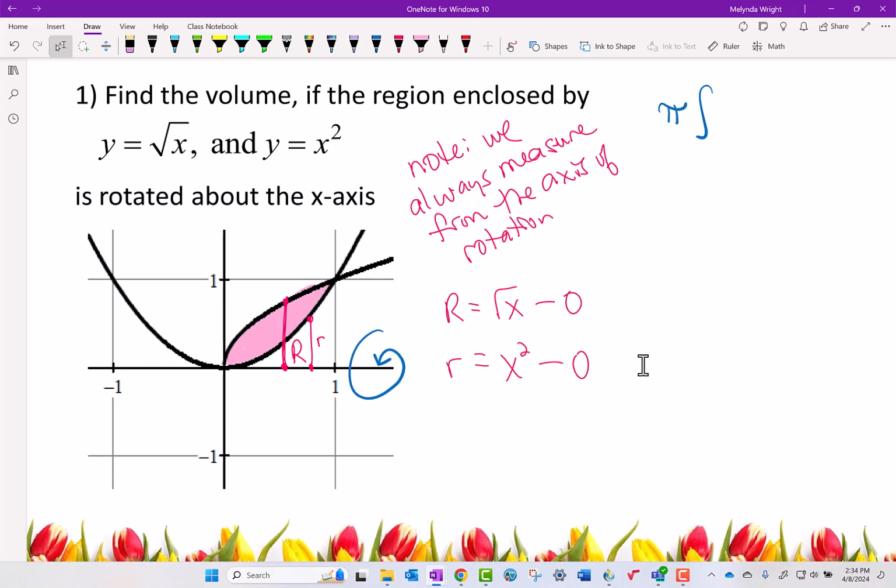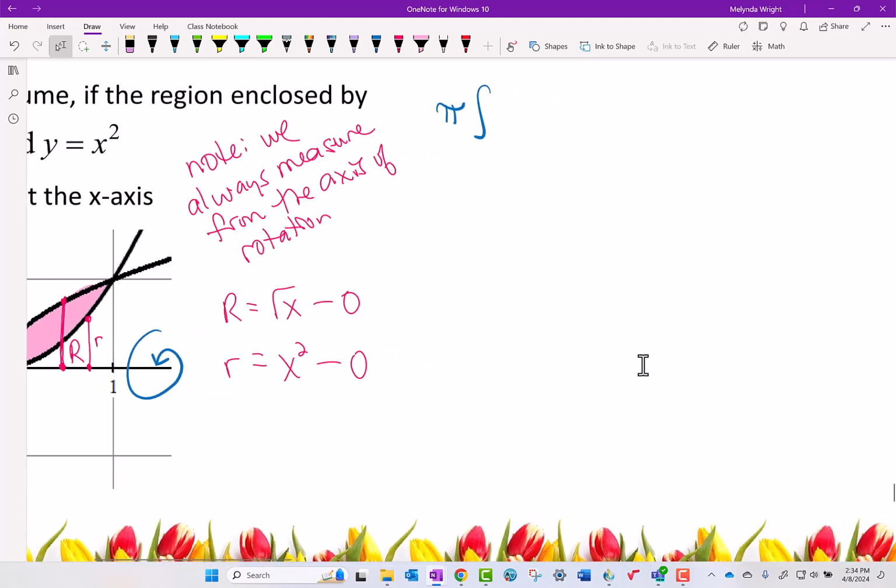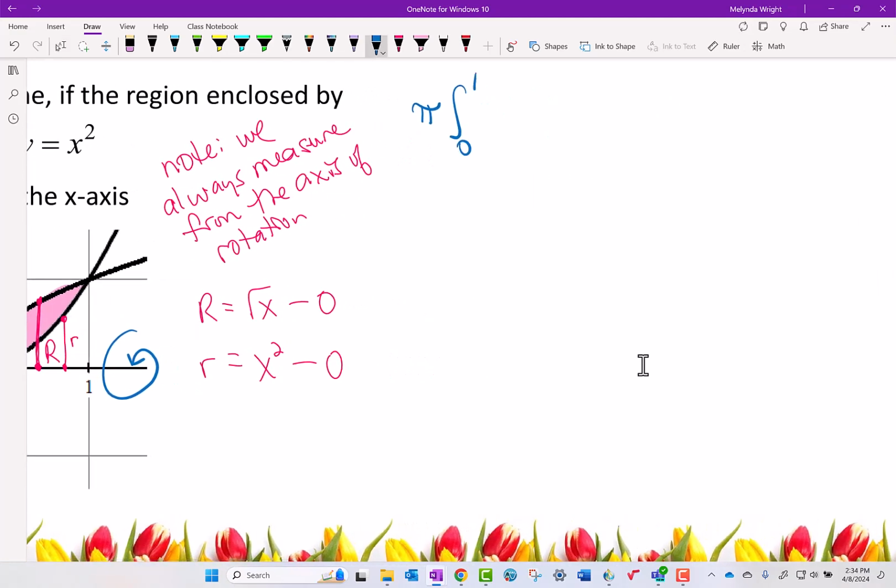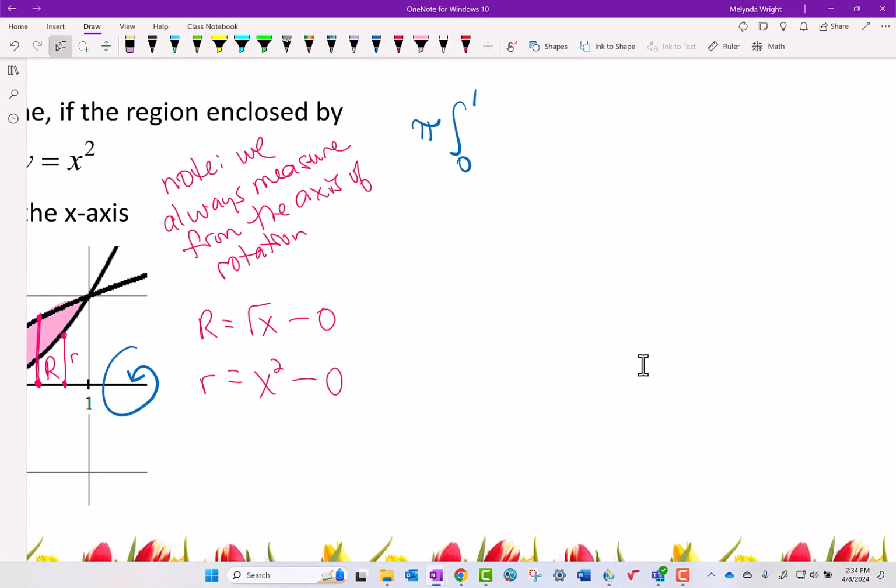I would set them equal to each other. I would say square root of x equals x squared, and I would solve. That's what I would do. But I can tell it's 0 and 1. So I've got big R squared, so that's square root of x squared minus little r squared, which is x squared squared.